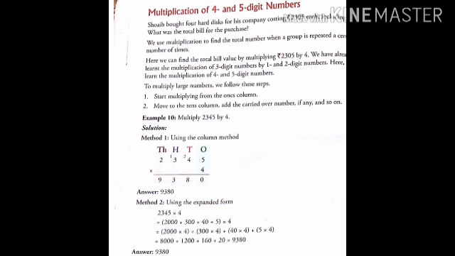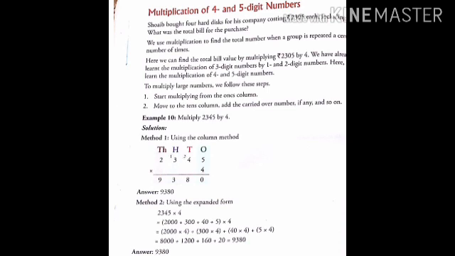So how will we multiply? The normal method. 4 has to multiply with all the digits from the right side. So first multiply 4 and 5. 4 into 5 is 20. So you will put the 0 and carry 2. Then 4 into 4, 16 plus 2, 18.